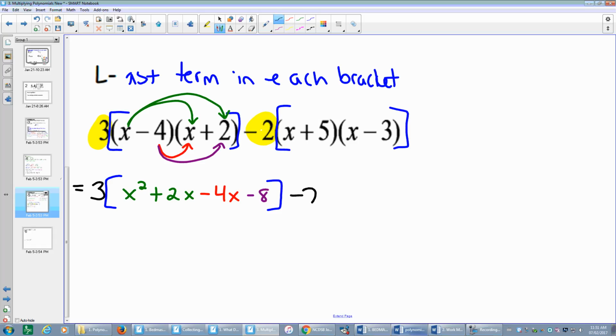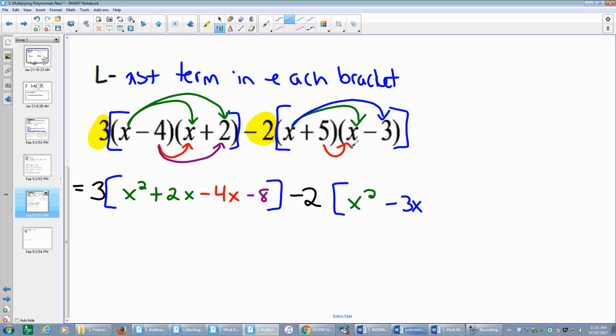So then I have a minus 2. And then again, I'm going to multiply. Oh, I need my brackets. Forgot that. I'm going to multiply my first terms together. X times x gives me x squared. I'm going to multiply my outside terms together. X times negative 3 gives me negative 3x.